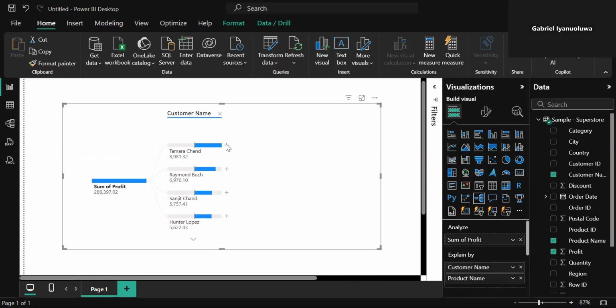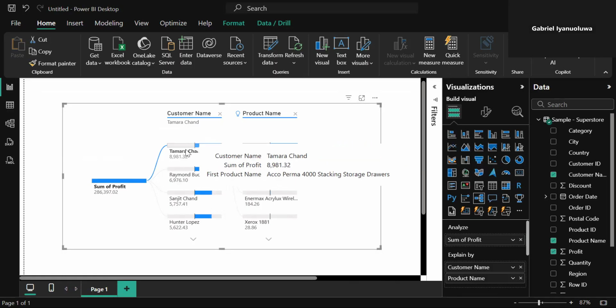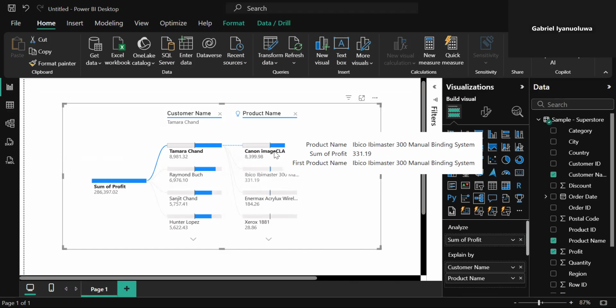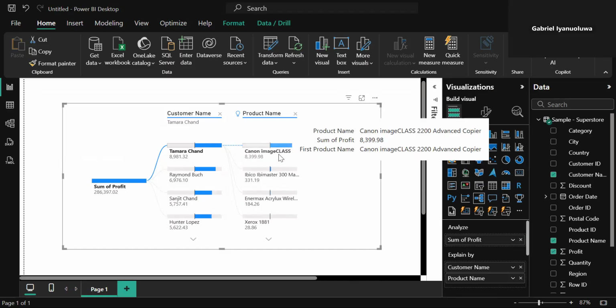Let me click on the high value, where this man made more profit. So Tamara Shard made profit in Canon image, this product. Now he made more profit in this product, followed by this. That shows that this product is what makes this man generate more. It made almost 8,000.